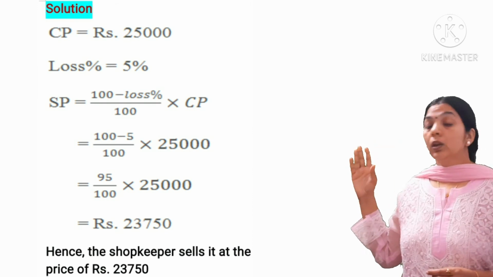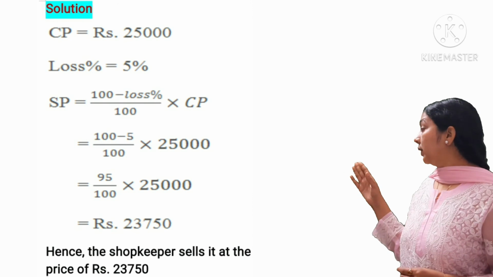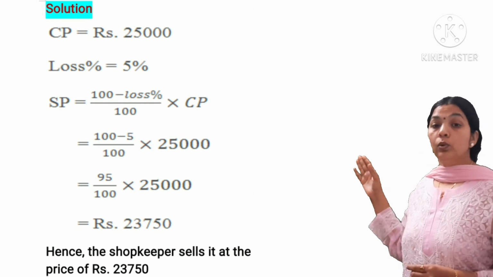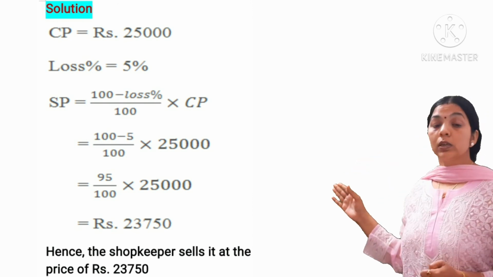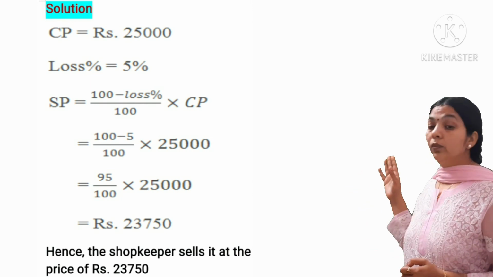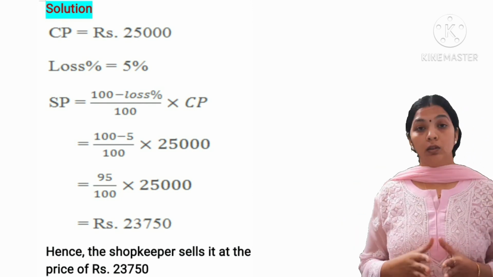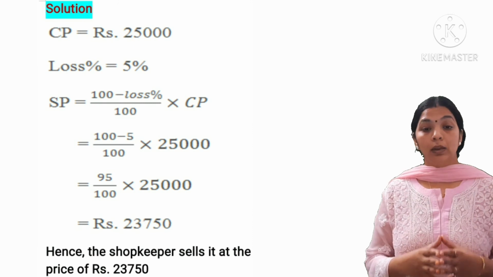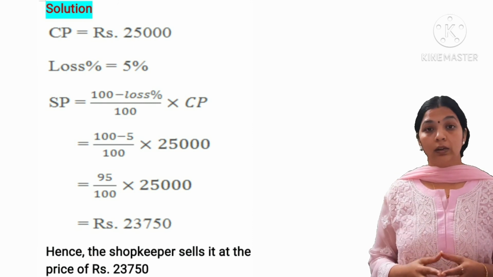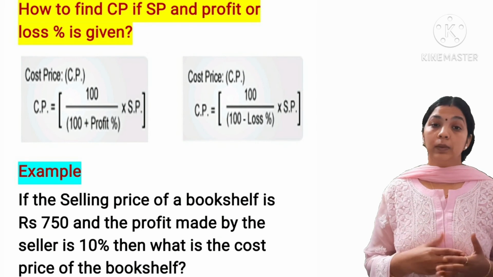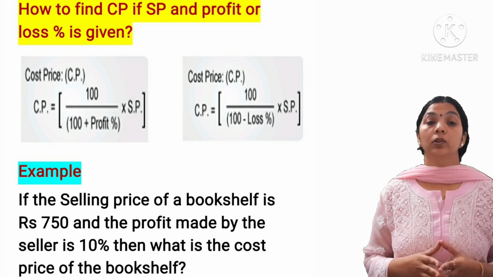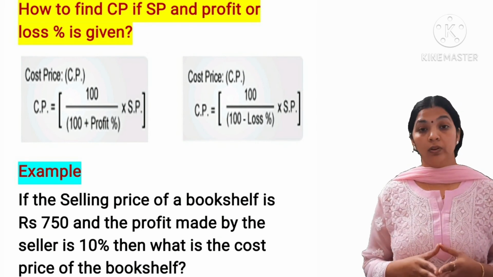So (100 minus 5) divided by 100, 95 upon 100 into 25,000, so it would result in 23,750. So hence the selling price of the laptop is 23,750.